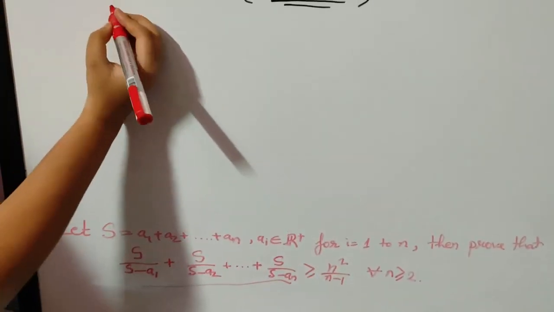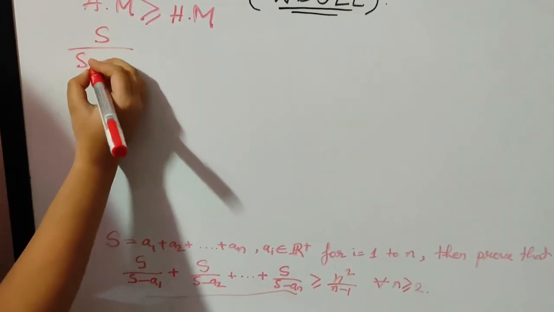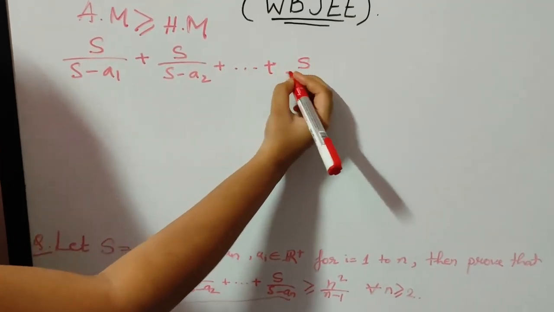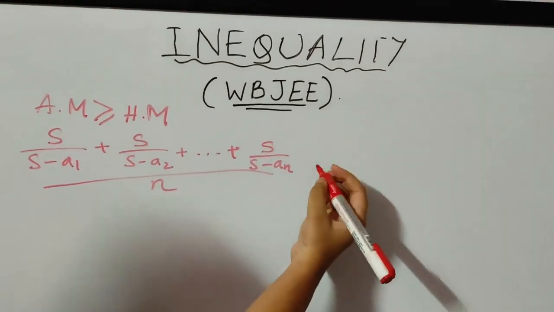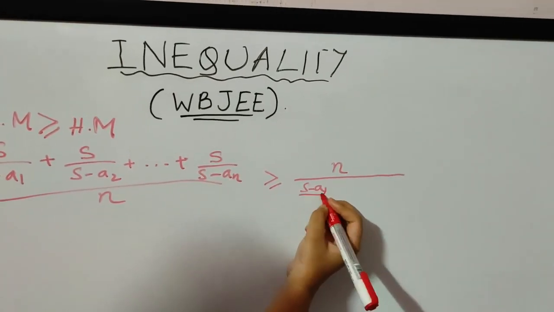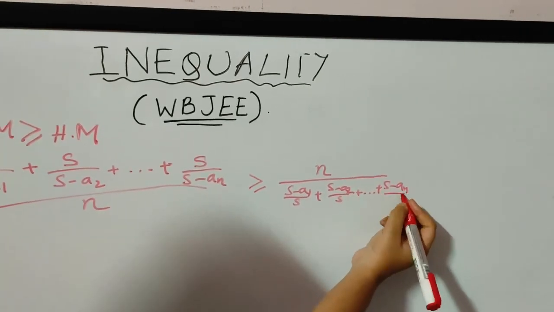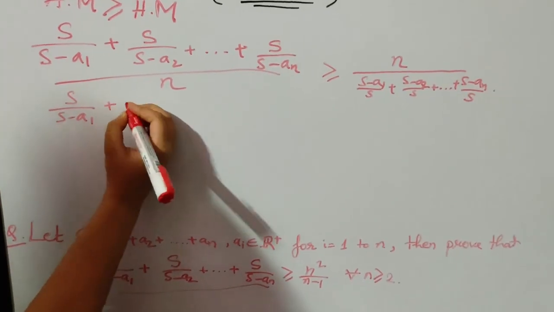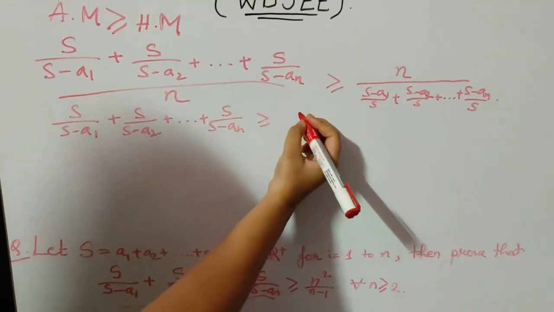Taking these terms, S by S minus a1 plus S by S minus a2 plus dot dot dot plus S by S minus an, divided by n, should be greater than or equal to n by S minus a1 by S plus S minus a2 by S plus dot dot dot S minus an by S. Now taking the n to the other side, we have n square.